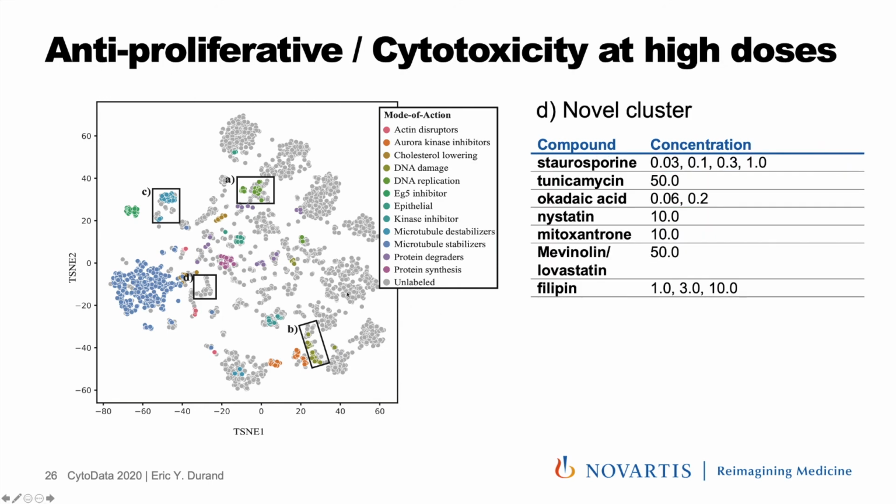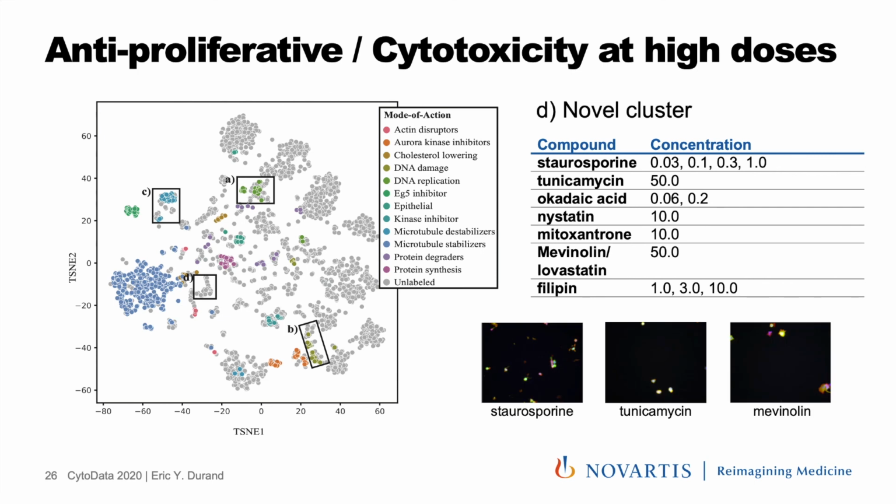Then you can also look at clusters where you have no annotated compounds. Interestingly, we picked cluster D because we noticed that all compounds in cluster D have very different modes of action. You have some statins, you also have some cytotoxic agents that are used for the treatment of AML, and they don't seem to fit together.